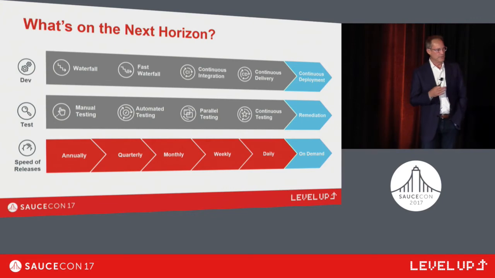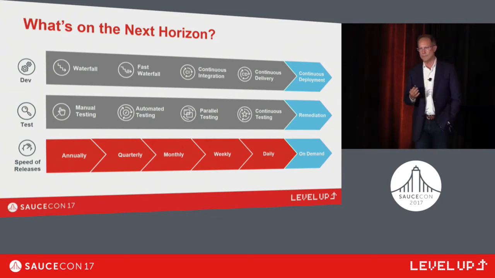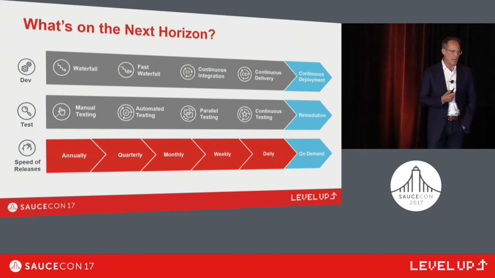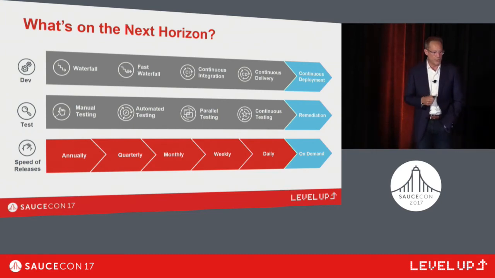So, really, this is about what's on the horizon. And when we think about our customers and our prospects, we tend to try and bucketize them so that we know how to communicate with them where they are in their journey. And that's waterfall, very traditional development methodologies. Fast waterfall, they're starting to use some level of automation.